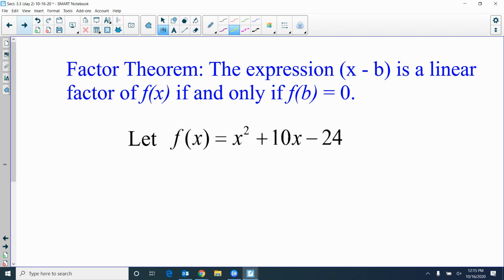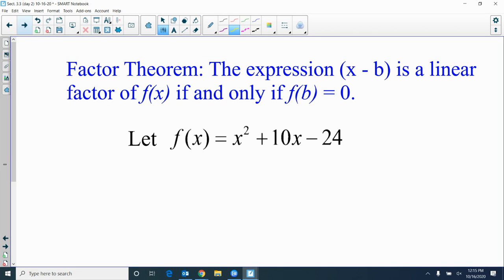f of b equals 0. All right, it's off to the side here, don't write anything down yet. What that means: if x minus 5 is a factor, then according to that theorem, what has to be true? f of 5 equals 0.